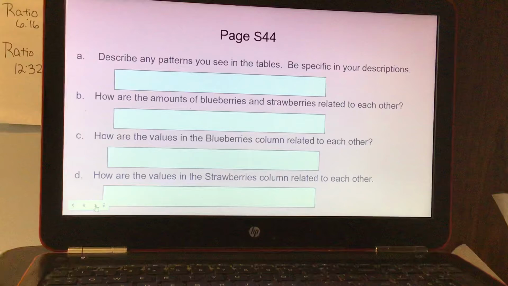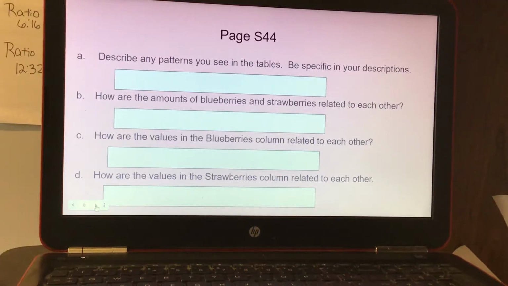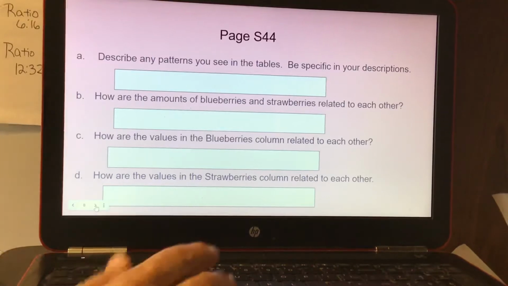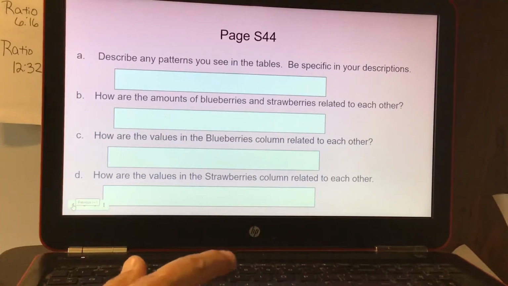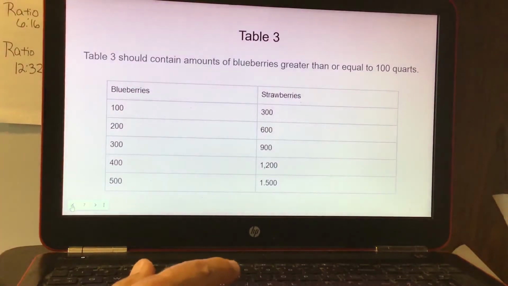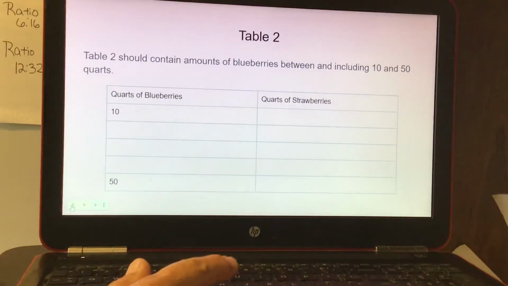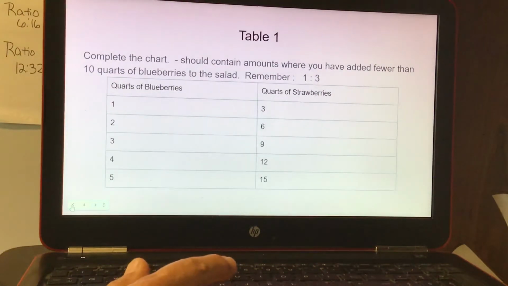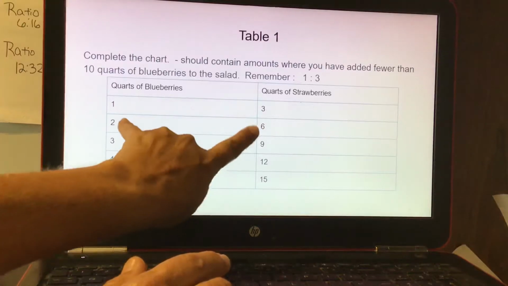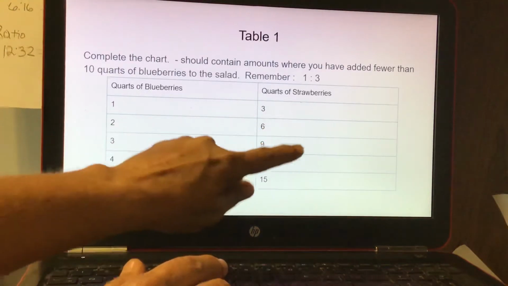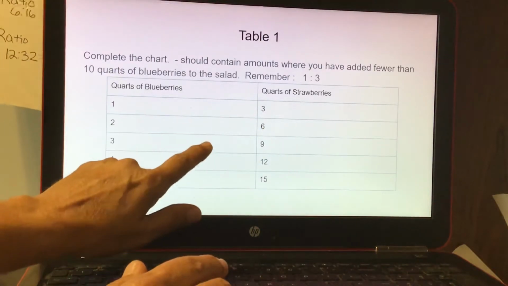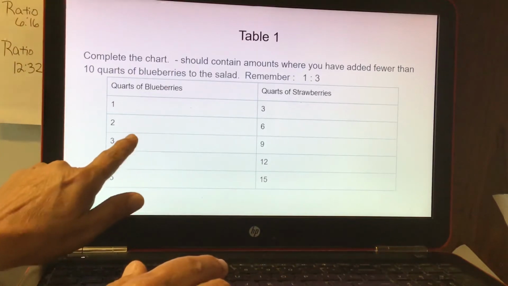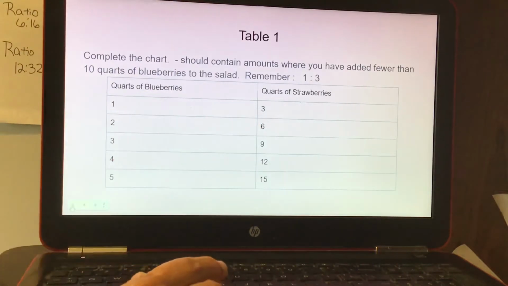Okay, so A says to describe any patterns that you see in the tables, be specific in your descriptions. So let's go back to the first one. If I was to reduce all of these and change them into fractions to find the value of the ratio, all of them would reduce to 1 to 3.